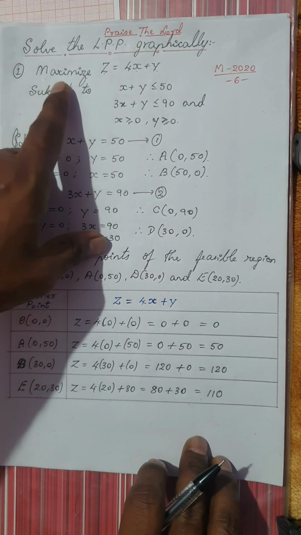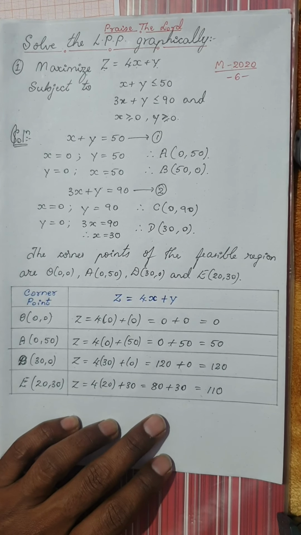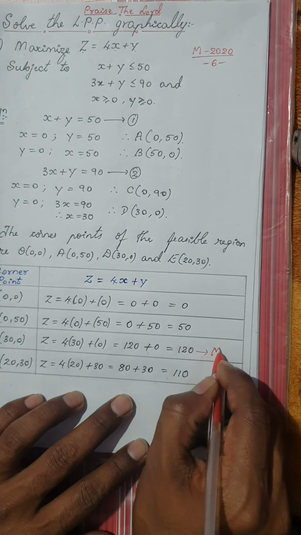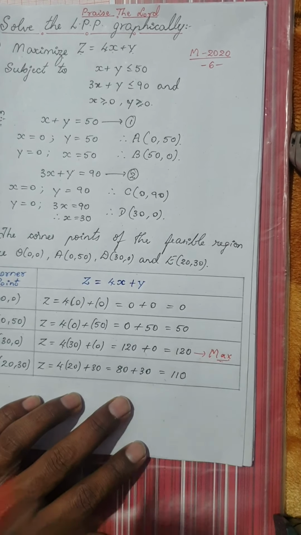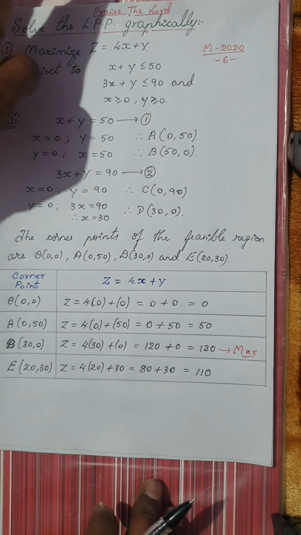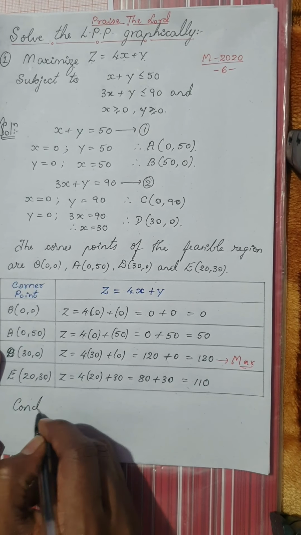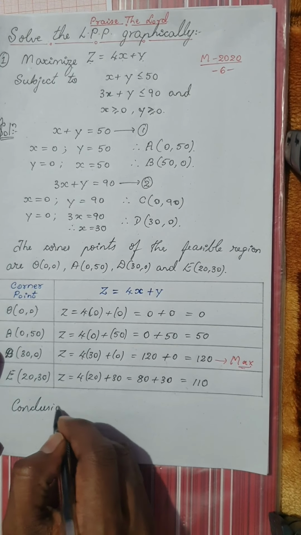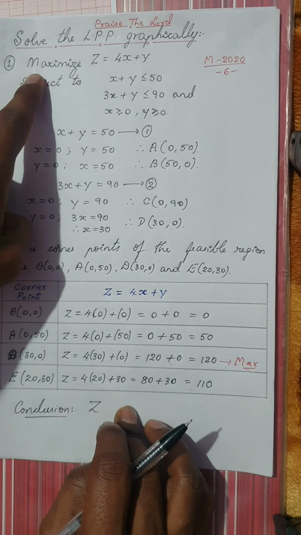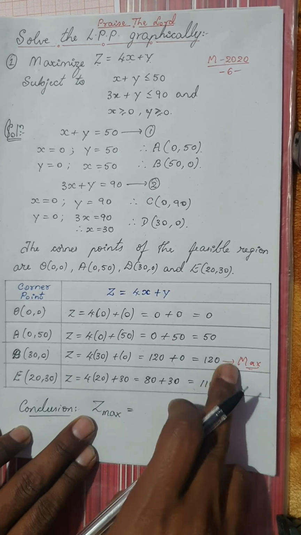Now see what you are supposed to do. You have to find the maximization of z. So which is the maximum value here? You can see clearly the maximum value is 120. So most of the work is completed. Now just left over is the conclusion. You have to find the maximum, so write z max is nothing but the maximum value, which is 120.